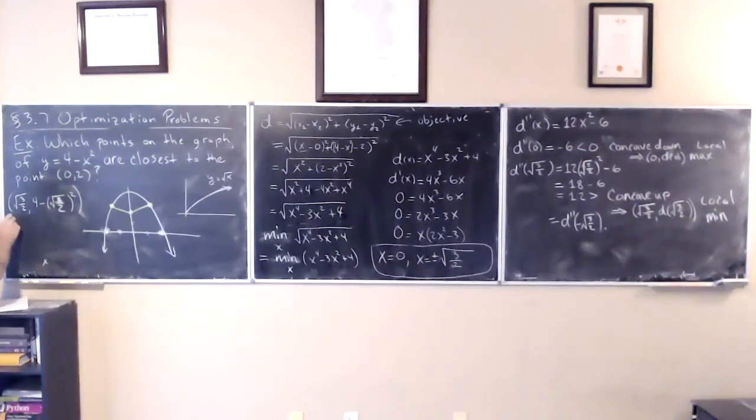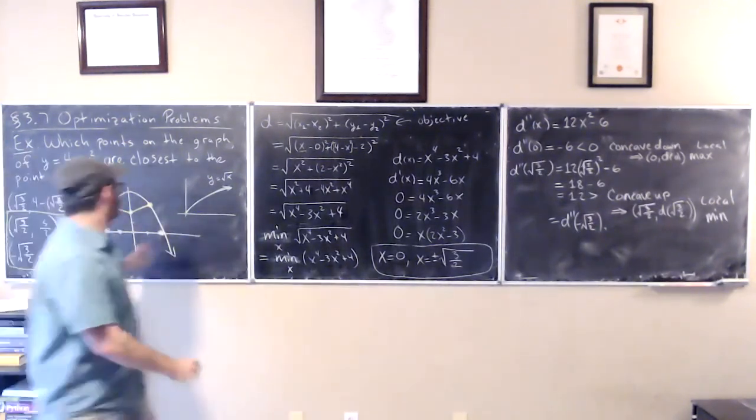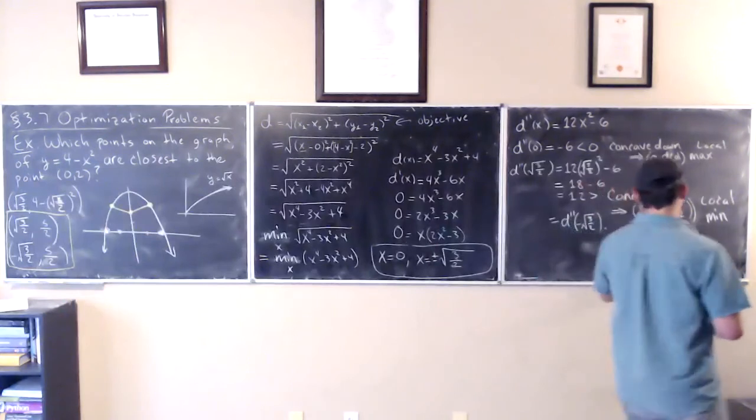Just plug in. What does that become? 4 minus 3/2 is 5/2. And then the same thing will hold for the negative. So negative root 3/2, comma 5/2. Those are the points that are closest to the graph of that function.